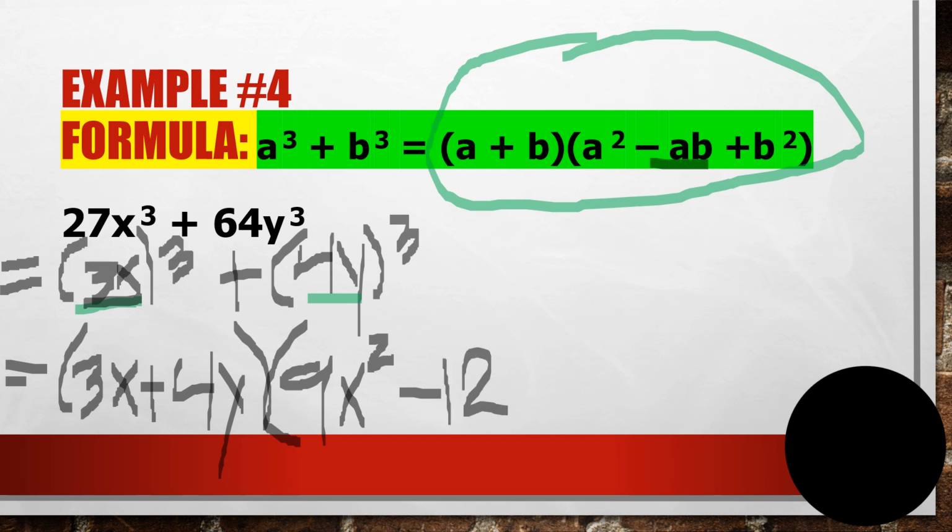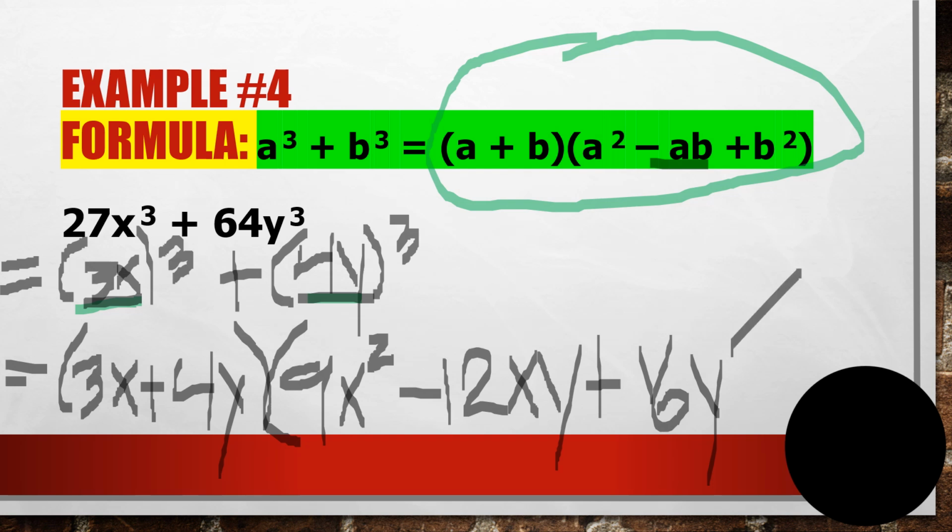X times y, you have xy. Plus b squared. This is our b. 4 times 4, you have 16. And y times y, you have y squared. And then you close, and then that is now our final answer.